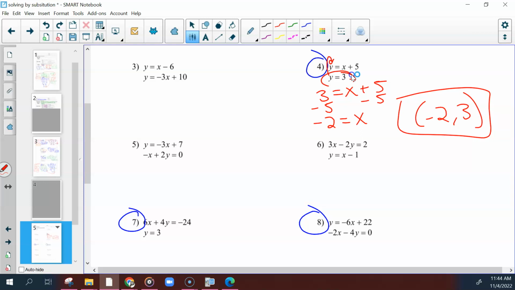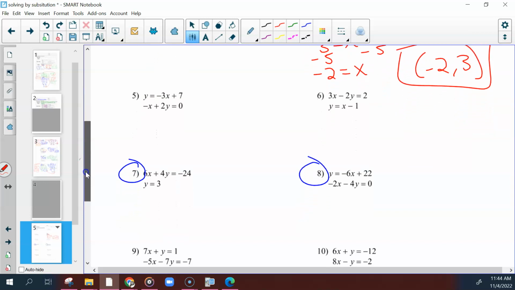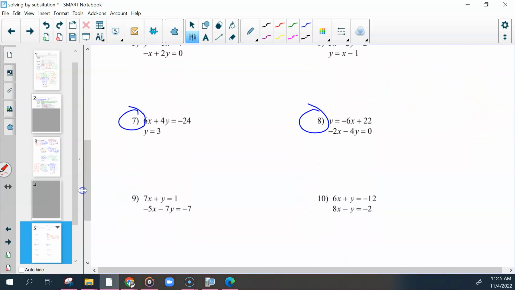So we're going to do 7 and then 8. Same thing. We're given our y, so we're going to put that in for y to solve for x.